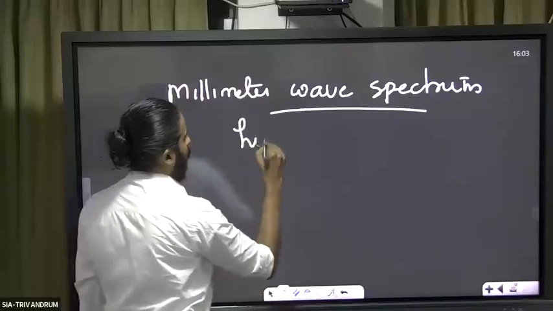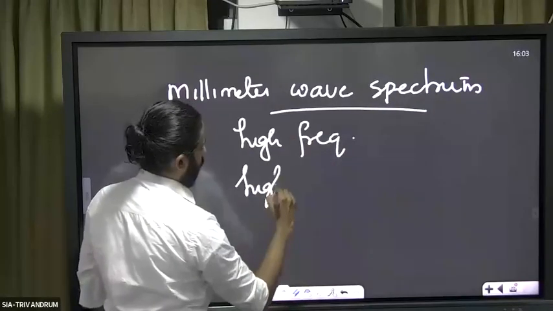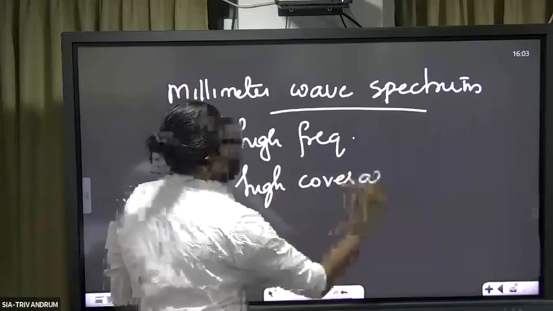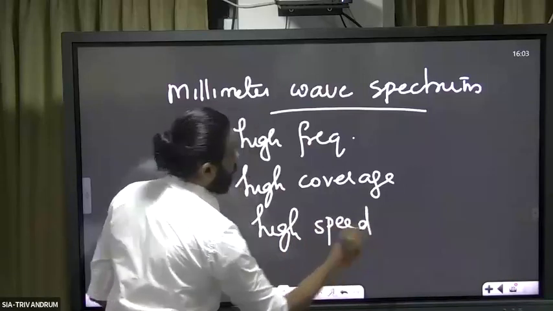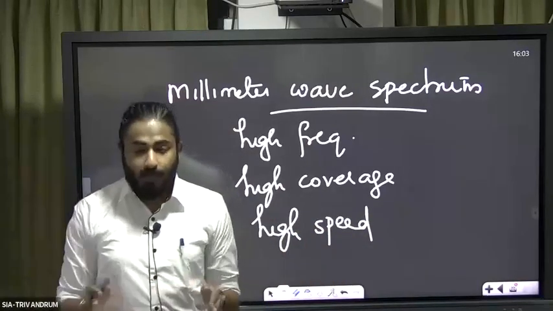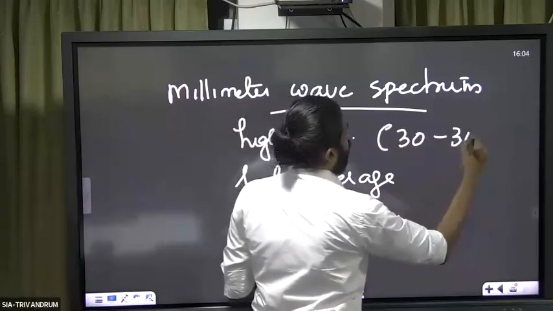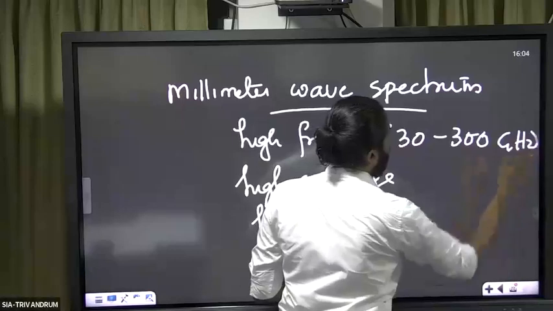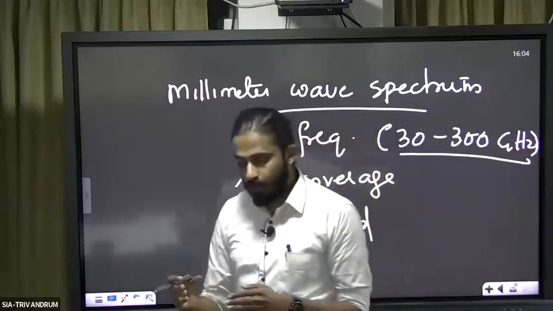So high frequency, high coverage and high speed is achieved using 5th generation mobile phones. So the frequency range of 5G can extend from 30 to 300 gigahertz.